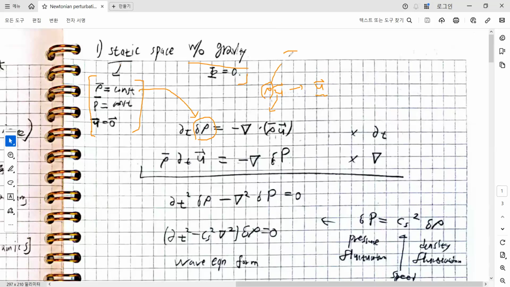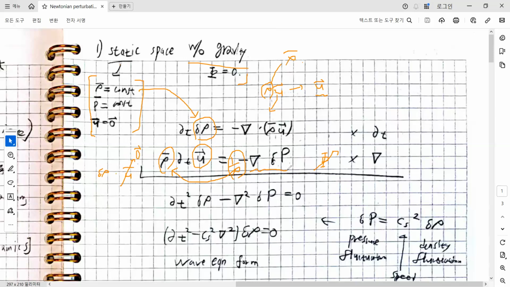For the Euler equation, similarly, only rho bar and the vector u remain for the time derivative, and delta rho times u bar equals 0 because u bar is the 0 vector. On the right hand side, the gravitational potential equals 0, and this also comes from the 1 over rho factor on the right hand side, and the partial derivative as the gradient of the pressure.